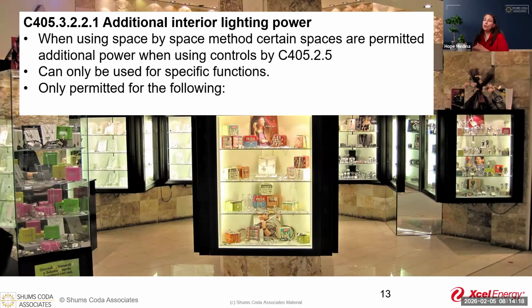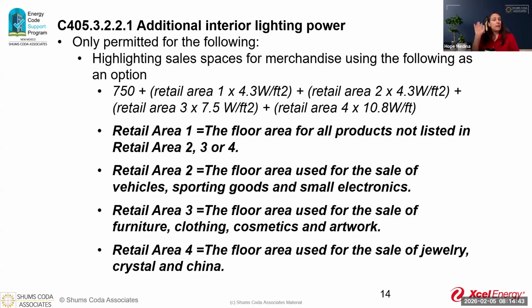Now, there is some additional lighting options for it. This is why you would want to go with the space by space method. Everybody has asked at one point, why would you want to go through all the headache of math? If you love math, it's a great one to do, but it is additional work. But in certain instances, it really does pay off down the road, right? You could do additional lighting, and that additional lighting is for things like if you are selling merchandise.